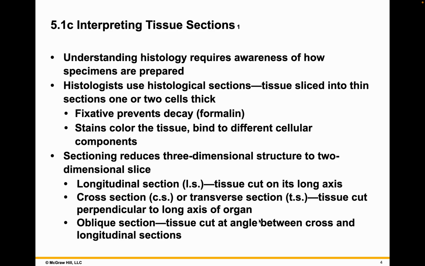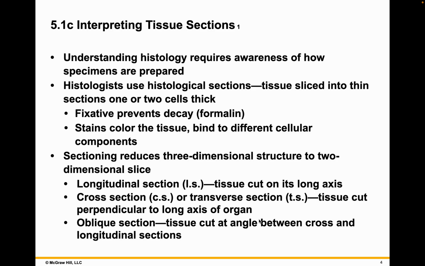That's generally done with something along the lines of formalin. They also have to be stained. Color doesn't naturally exist, so those different stains bind to different components in the cell. And both fixing and staining can introduce artifacts to the process, to the slide.